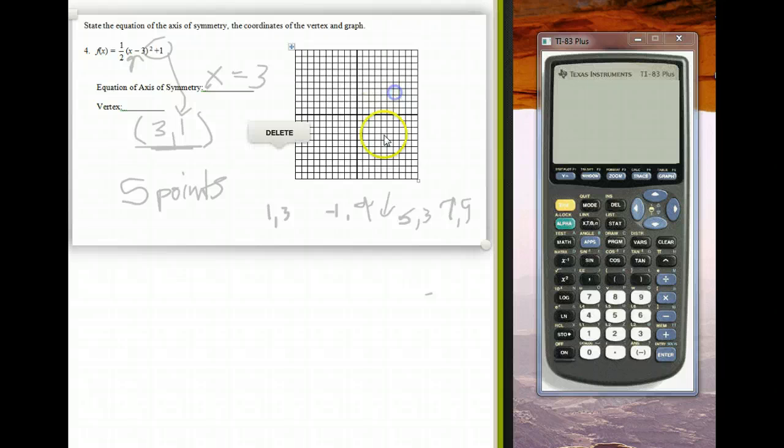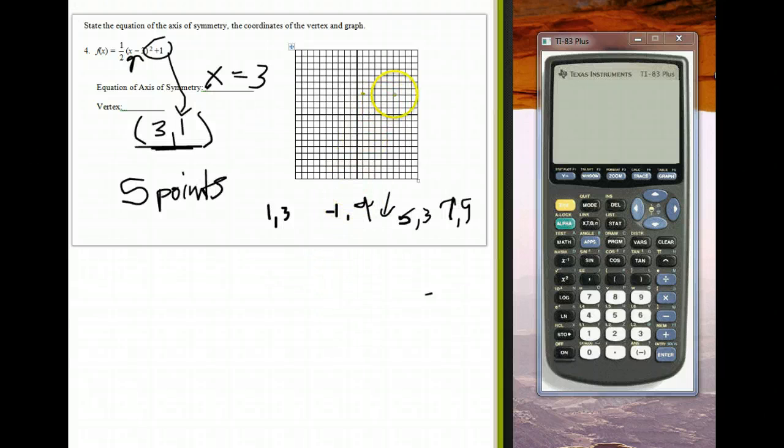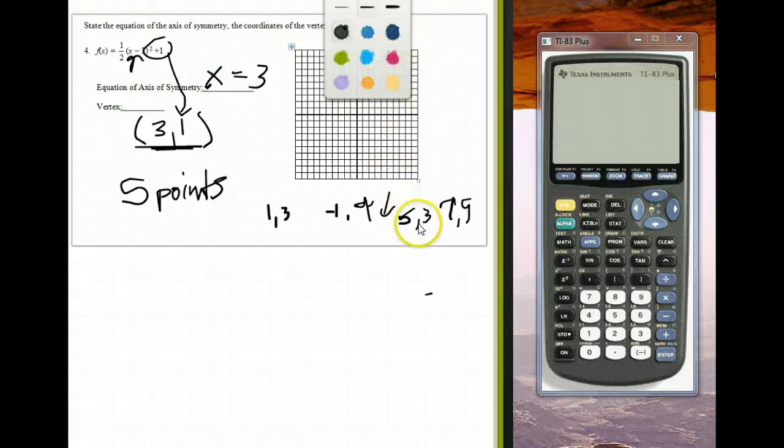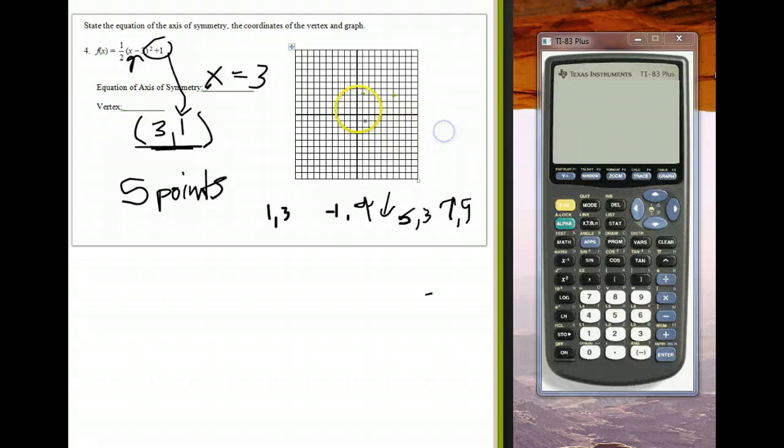Oh, this is going to be a mighty pain. Plus I can't see them very well, so let's use something dark. Alright, and then I've got negative 1, 9.